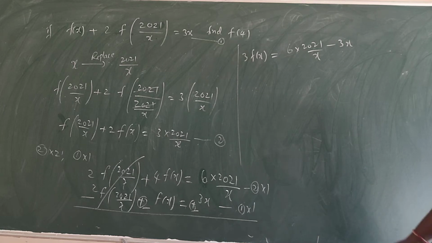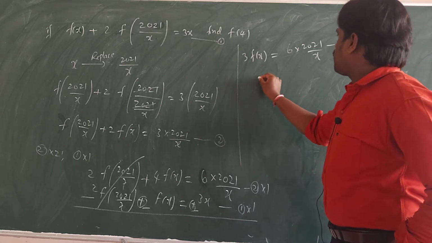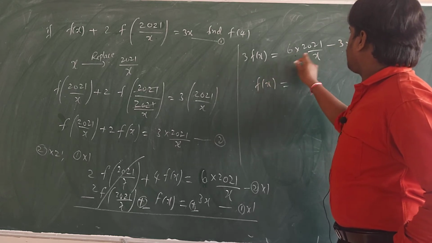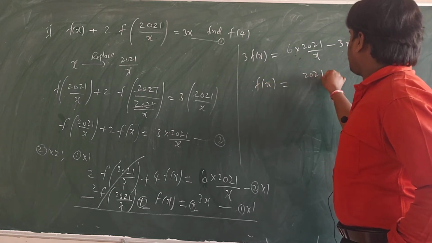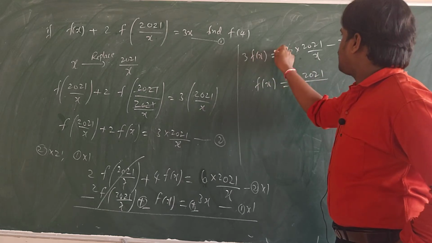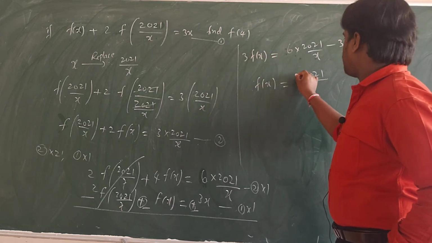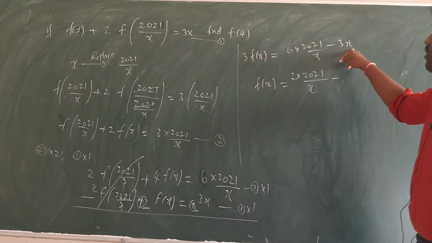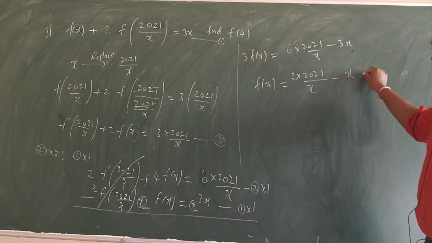Then we can write f of x is equal to 2021 by 6, with the 3 cancelling out, into 2 by x minus 3, which divides to give x.